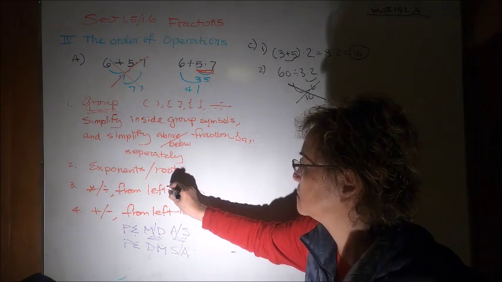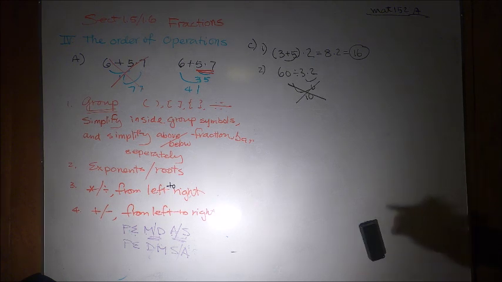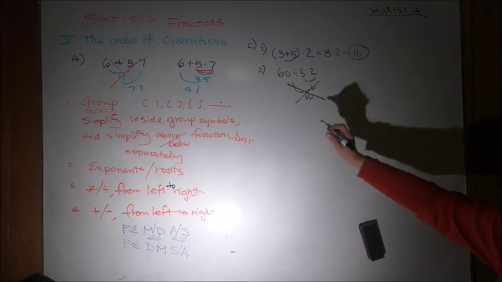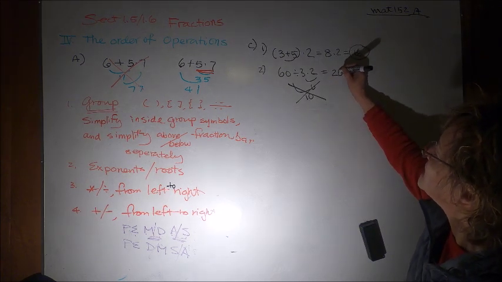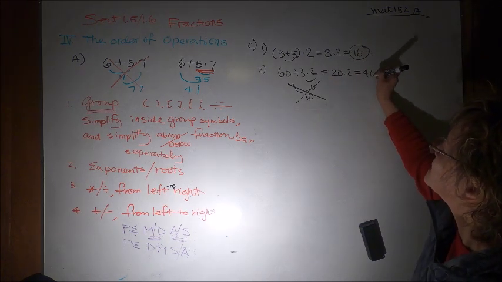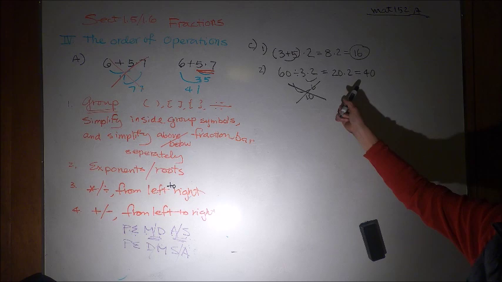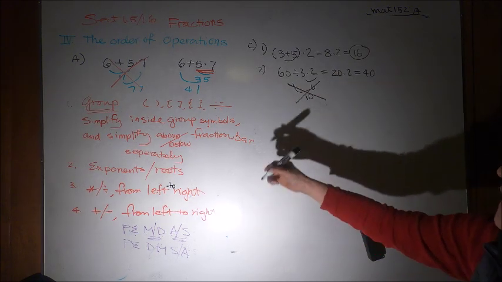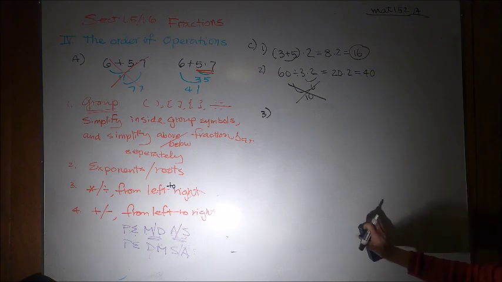For the same category, you need to follow the sequence from left to right. 60 divided by 3 is 20, times 2 is 40. You get a different answer from the other way, so we cannot do that. We have to do it the same way. Follow the order. Follow the rule, the same way.